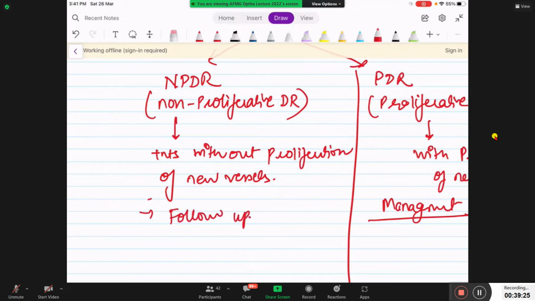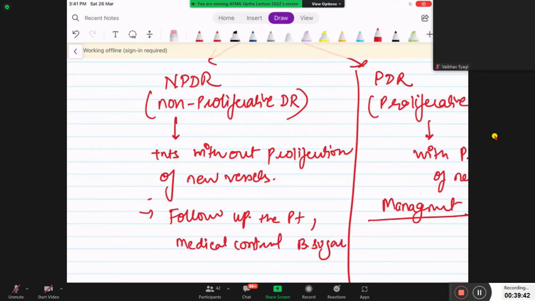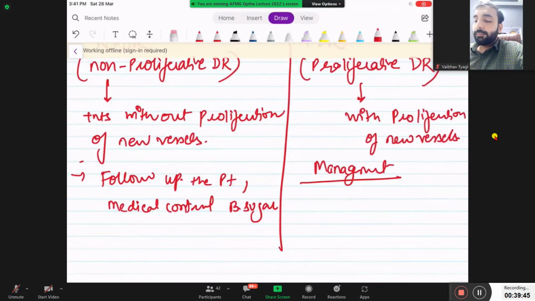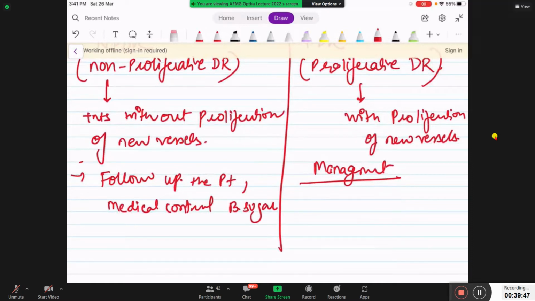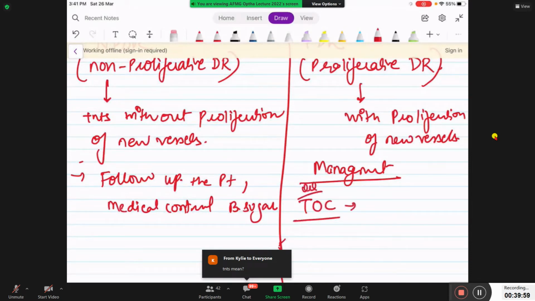You require medical control of blood sugar levels, and you keep the patient on regular follow-up. Whereas in PDR, because there is leakage, if they ask you which is the treatment of choice, an important question, write down.